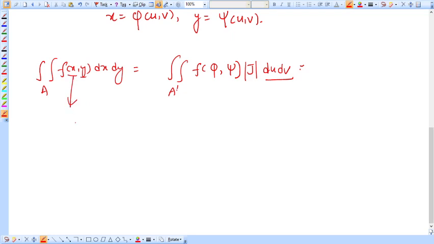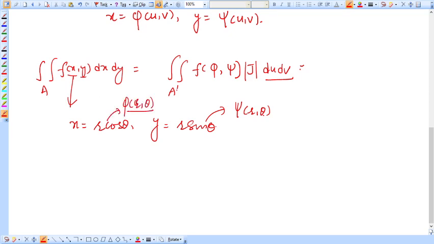We know that in polar coordinates x is equal to r cos theta, and y is equal to r sin theta. Here phi is a function of r and theta, and psi is a function of r and theta. So we are changing the variables from x, y to r, theta. r, theta are polar coordinates, and x, y are Cartesian.